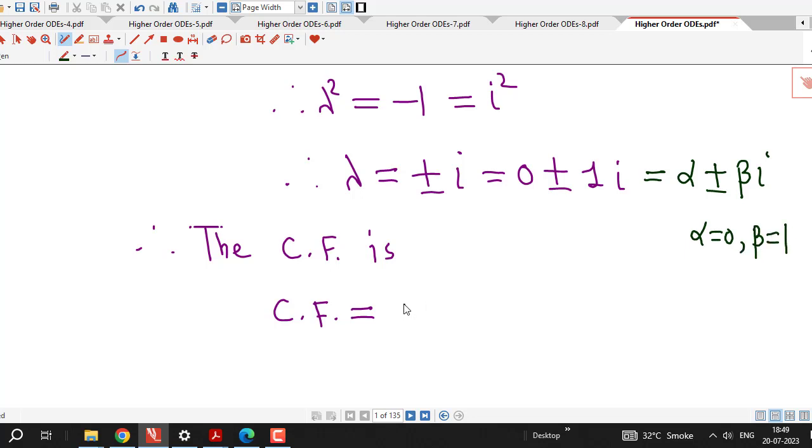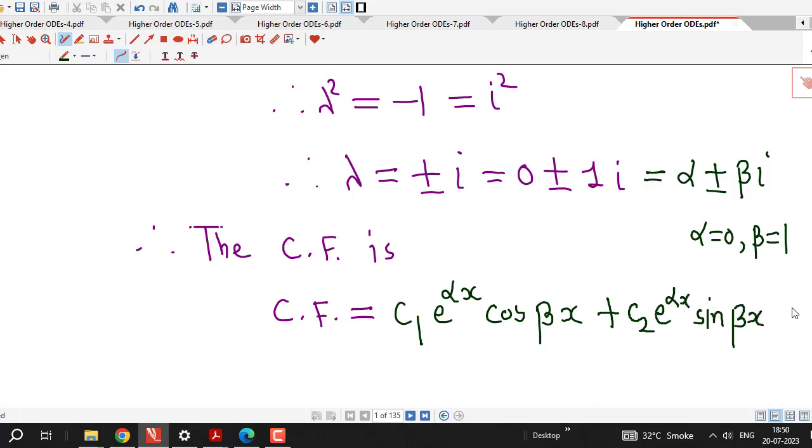and we know that if we have complex roots alpha plus or minus i beta, then our general solution is given by c1 e raised to alpha x times cos beta x plus c2 e raised to alpha x times sin beta x.